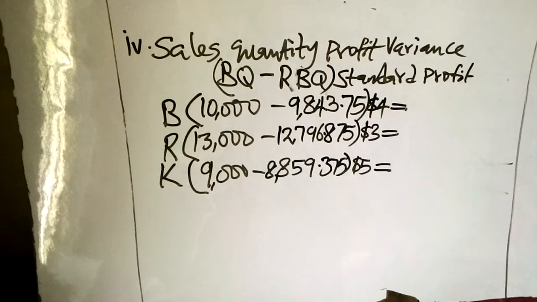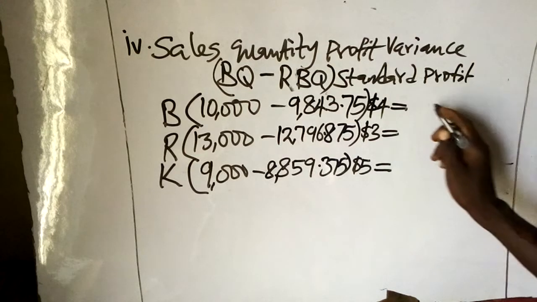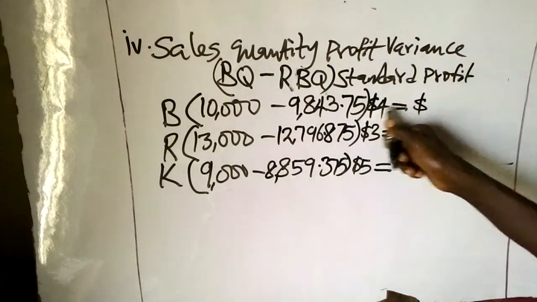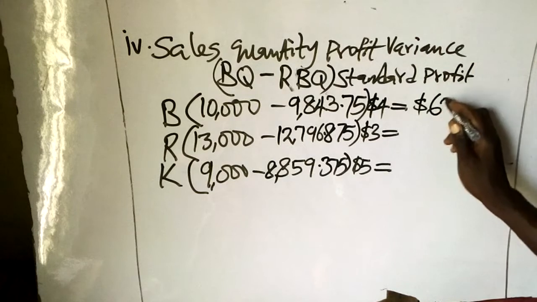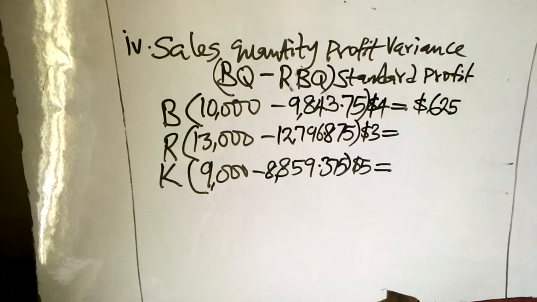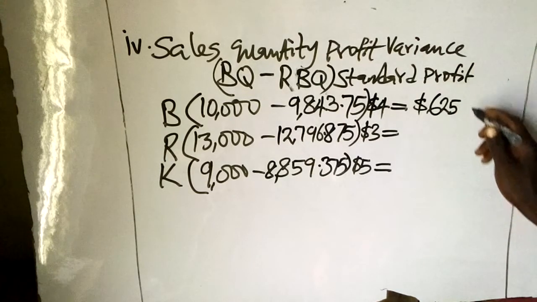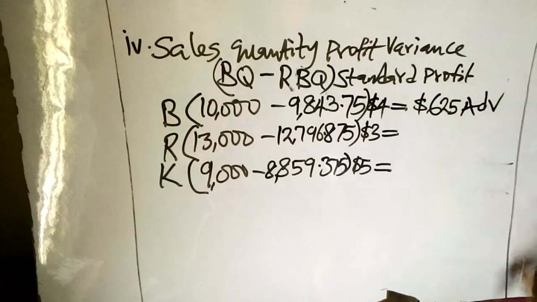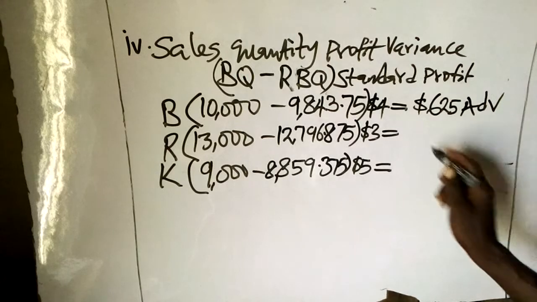Now, 10,000 minus 9,843.75 multiplied by 4, we got $625 adverse. If you subtract this, multiply by 3, then we got 609.375 adverse.